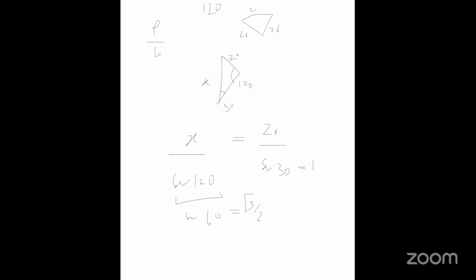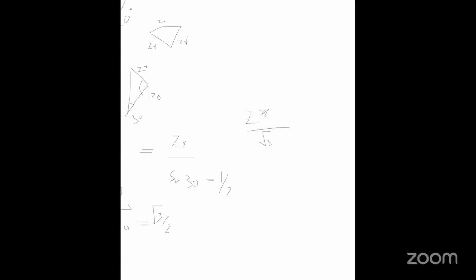So what you get is something like x over √3/2, which is like 2x over √3, is equal to 2r divided by half, which is 4r, which implies x is 2√3r. Okay, so what you have now is 2√3r plus 2r. So B is (2√3 plus 2) times r.